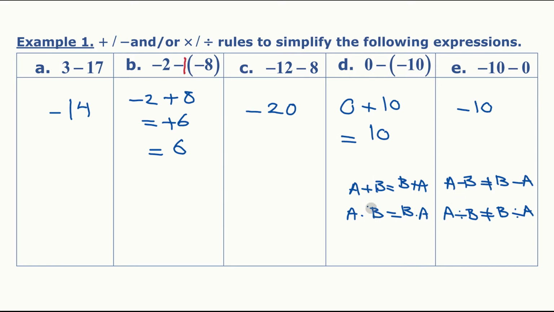By the way, notice these two operations are related. Multiplication is just repeated addition, so are these two. In fact, division is repeated subtraction, right? You may have heard of this one, but some of you may not have, but it's true.